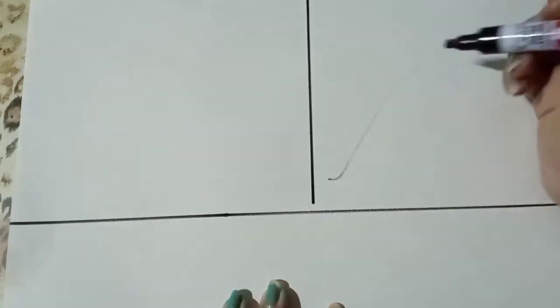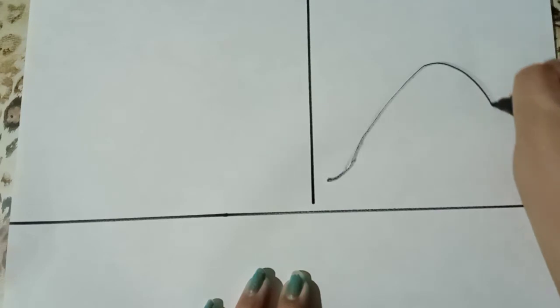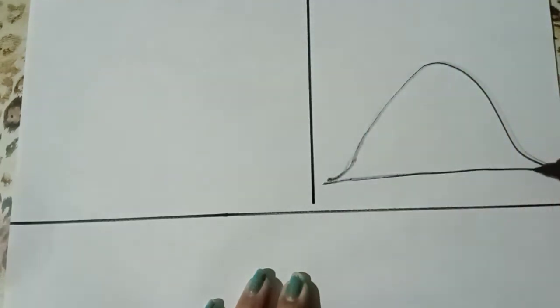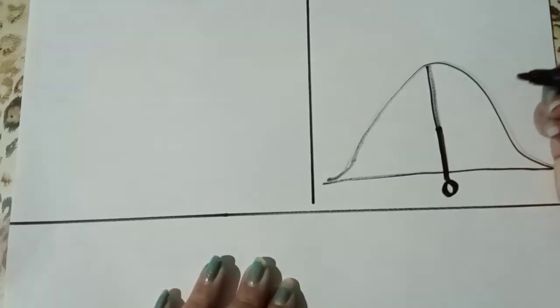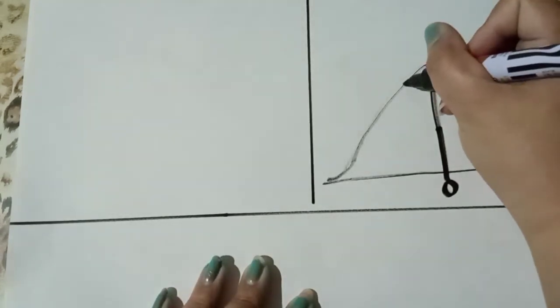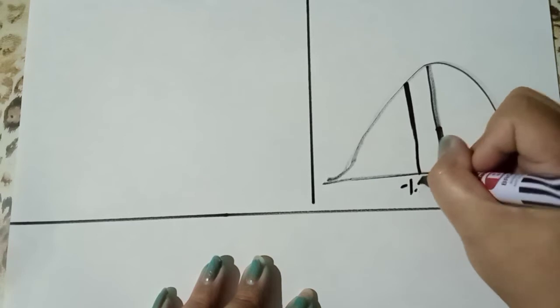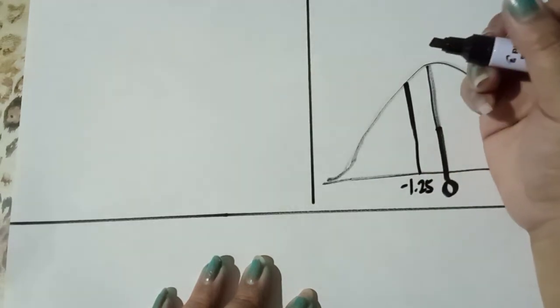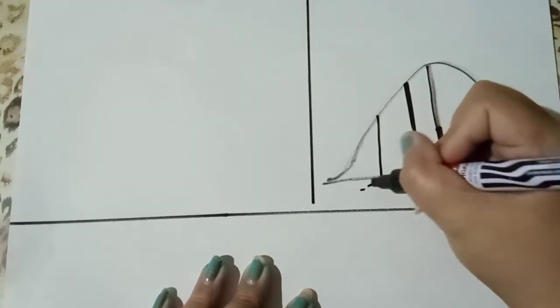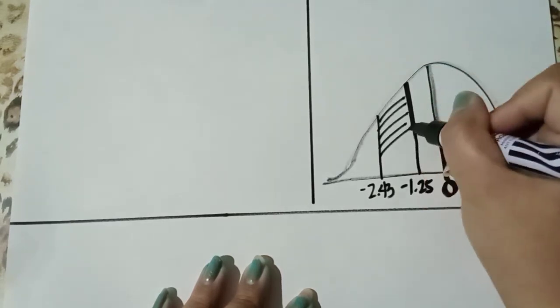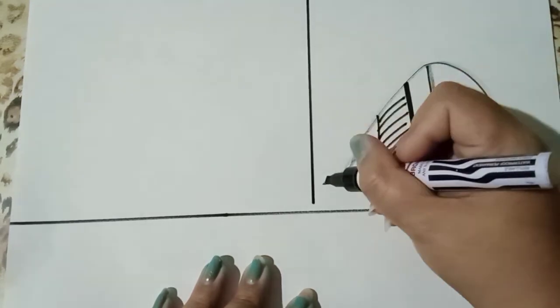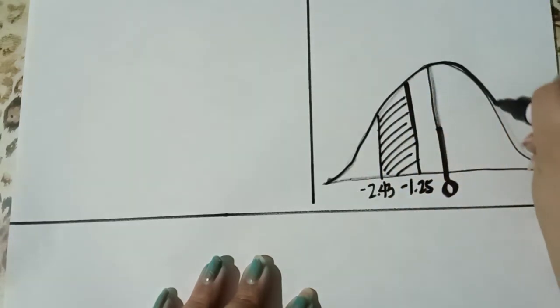So we are going to sketch the area under the normal curve. We have here 0, and then negative 1.25, and then negative 2.43. So we are finding this probability.